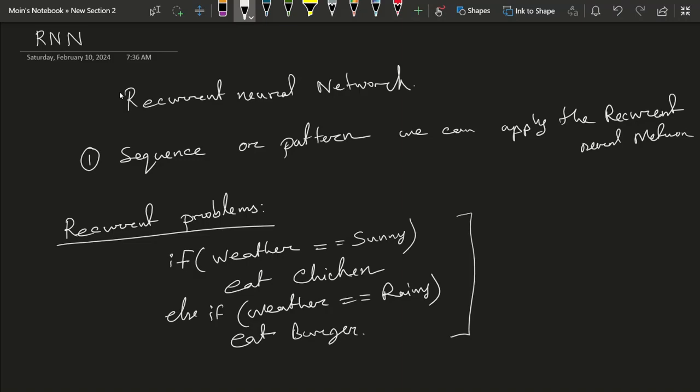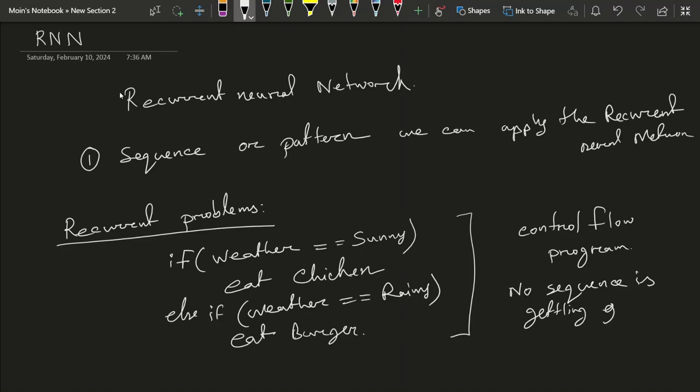So if we consider this kind of straightforward problem, we can analyze that this problem is basically a straightforward control flow program. And in this control flow program, there is no sequence getting generated.